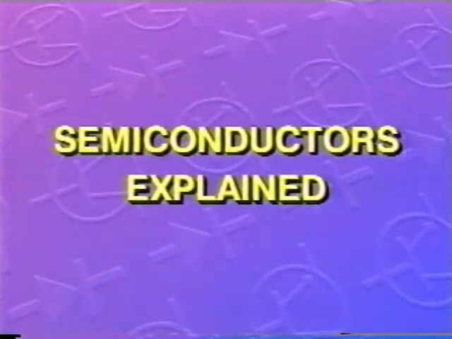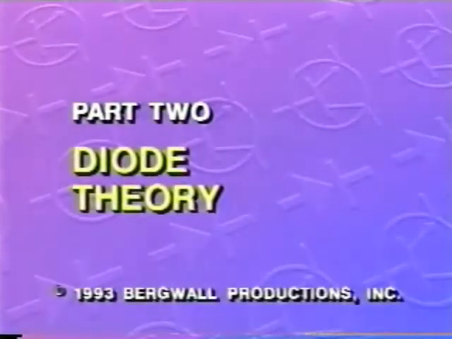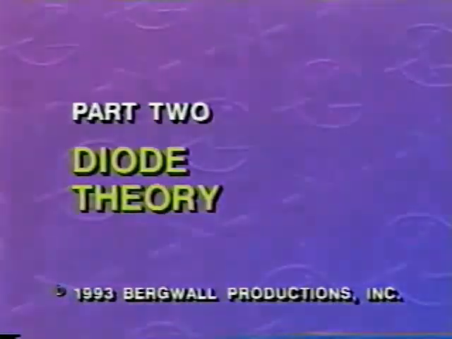Semiconductors Explained. Part 2. Diode Theory. In the first part, you were introduced to some basic principles of semiconductor theory. You saw how the unique characteristics of semiconductors have made them a cornerstone of electronic technology, despite the fact that they are poor conductors and poor insulators.